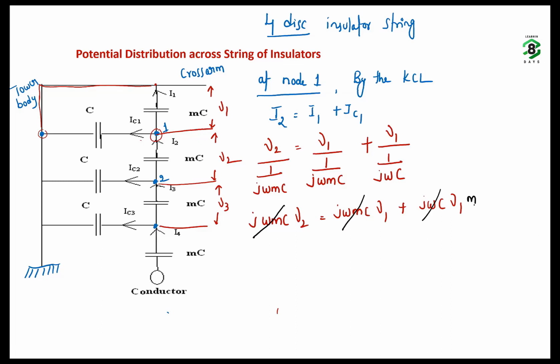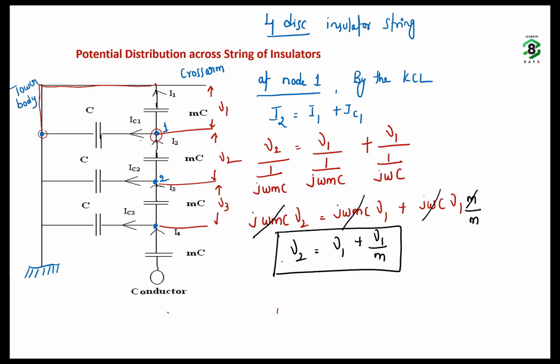Multiplying and dividing by m, the terms cancel, and you get V2 equals V1 plus V1 divided by m. Understood? Any doubt so far?